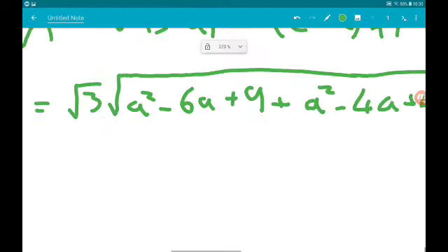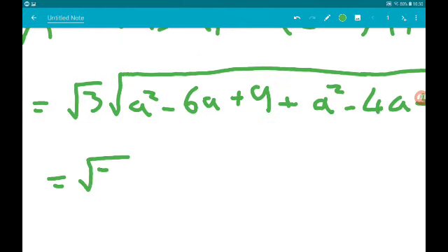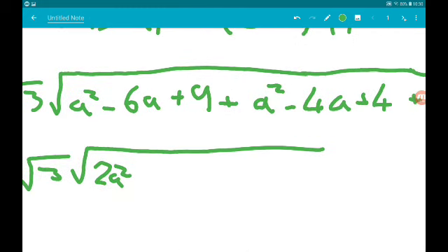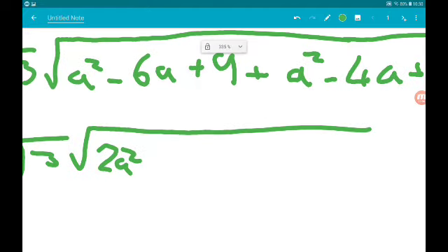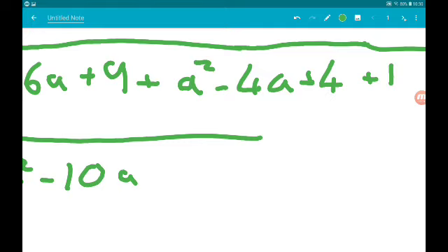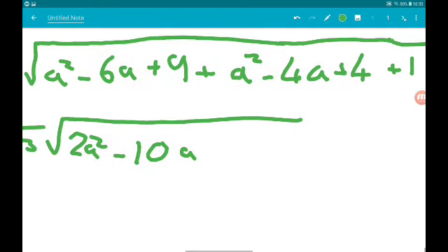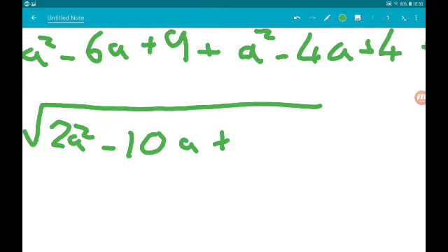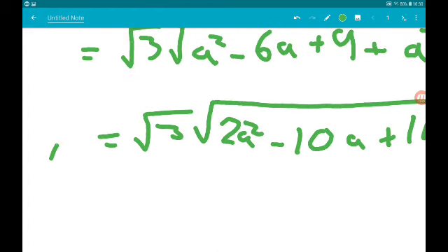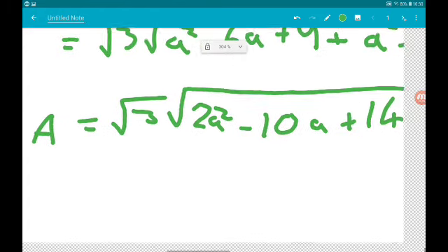So that's root 3 times the square root of 2a squared. And we got minus 6a minus 4a, so that's minus 10a. Then we got add 9, add 4, add 1, so that's add 14. Okay, so I think that is as nice as we are going to get A to be.